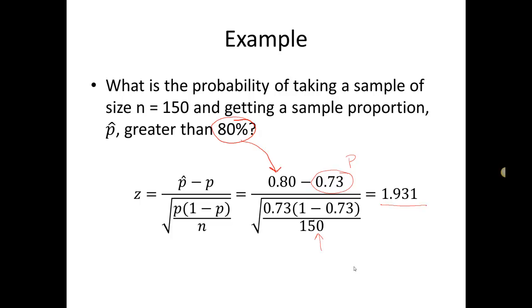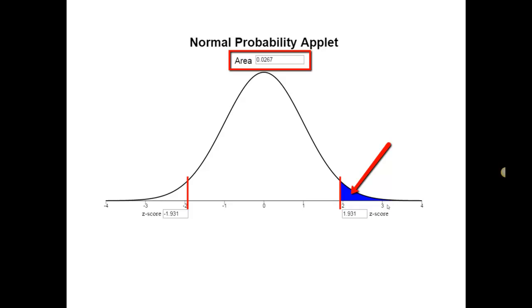Now it's important to point out here that when we're dealing with calculations involving proportions, we always have to convert those proportions to decimals. So all calculations involving proportions should be in decimal form, not in percent form. All right, so back to our problem. We're going to take that 1.931 and plug that into our normal probability applet, which I did write down here.